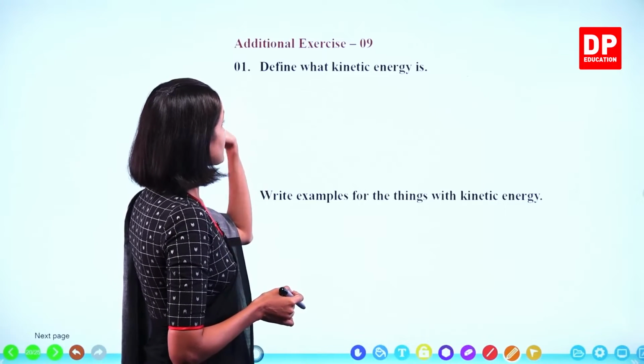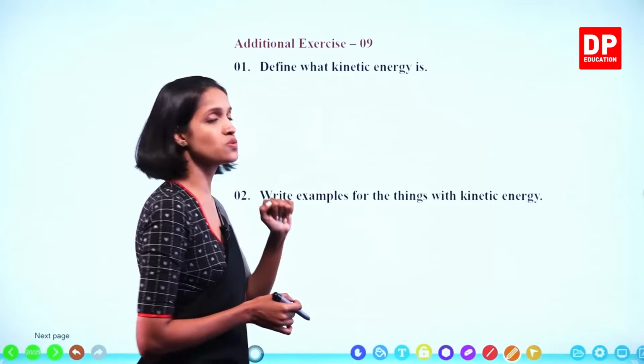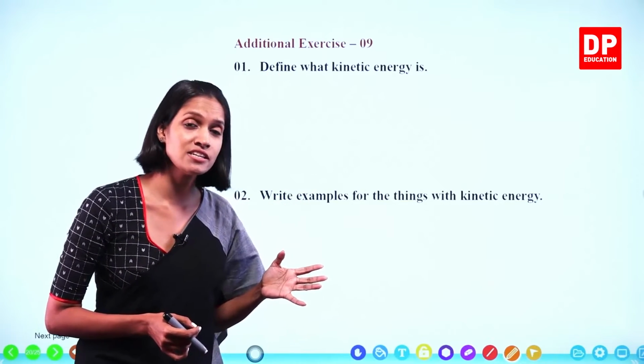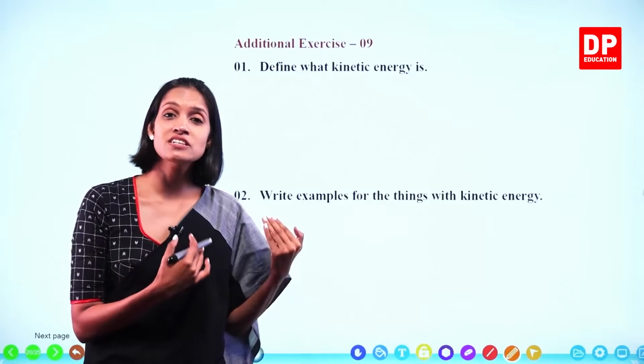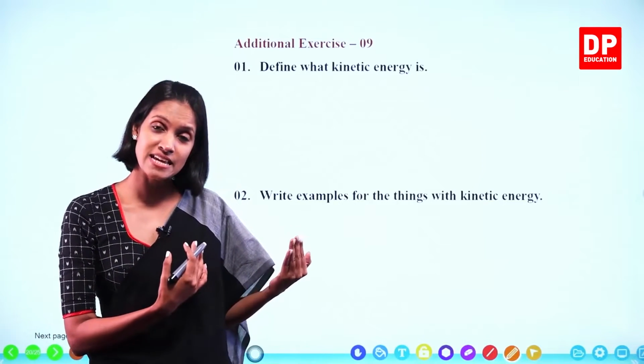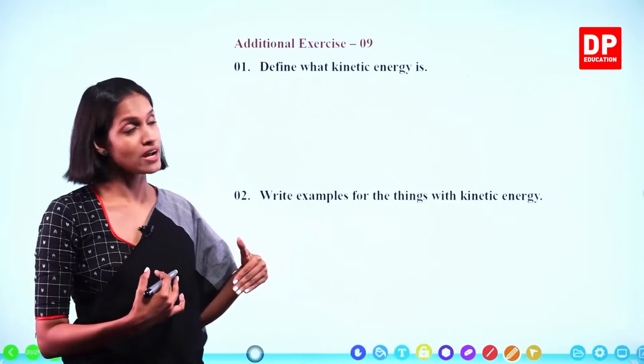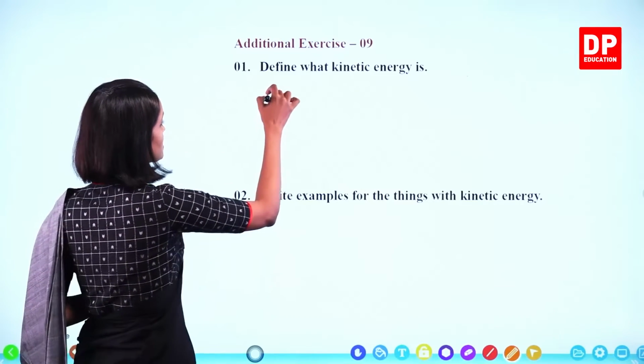Define what kinetic energy is. What is the meaning of kinetic energy, children? Kinetic energy is the type of energy that is contained in any moving object, right? That is called kinetic energy.